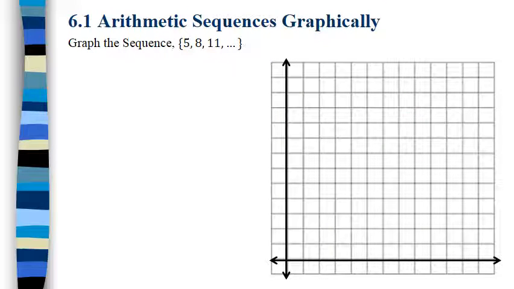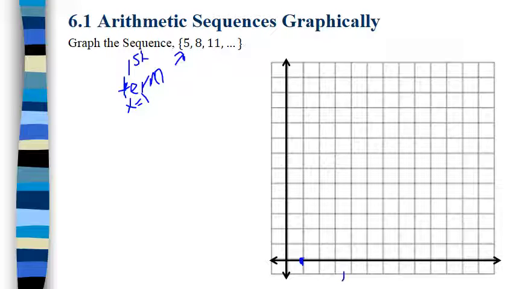Okay, so let's take a look at how this works graphically. If I were to graph the sequence 5, 8, 11, 5 is the first term. So if 5 is the first term, that would be me saying, go to the first term, right? If x equals 1, say.